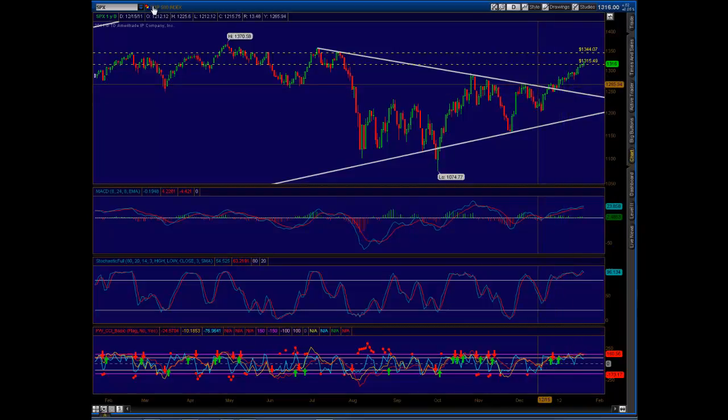Now we're starting to see a little bit of a resistance area, and it will also coincide with what's going on with the dollar, because again you're going to see consolidation in this area before we get enough strength to break through it.